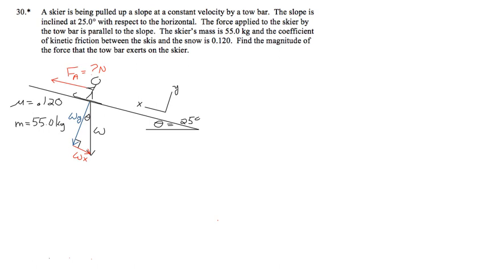Now, because it's a coefficient of friction, there's going to be friction. And friction always opposes motion. So since this person is going to be going up the hill, then friction is going to be down the hill. And I'm going to label that.